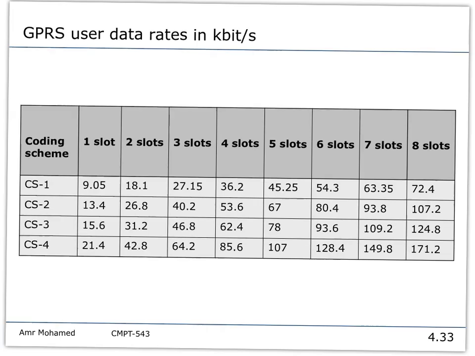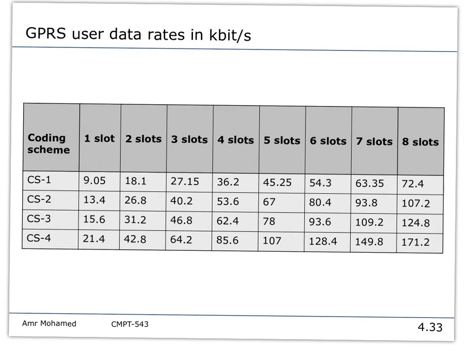So based on that, GPRS defines the different data rates. Here, this is the coding scheme. By changing the coding scheme, we change the CRC redundant codes.